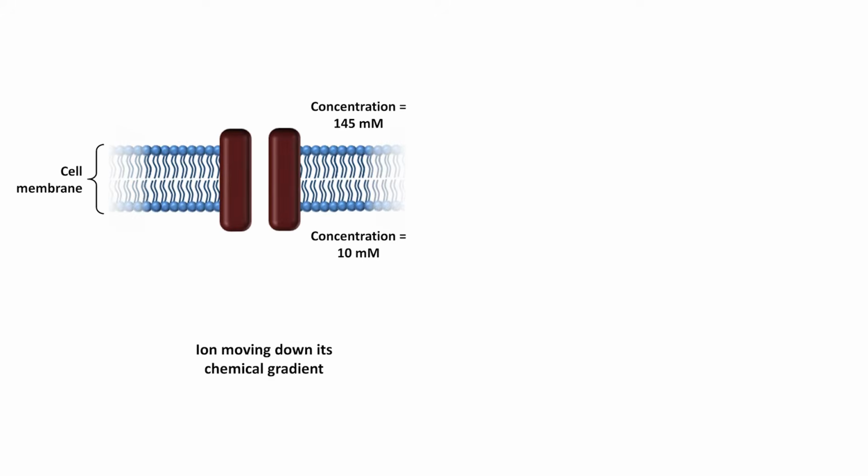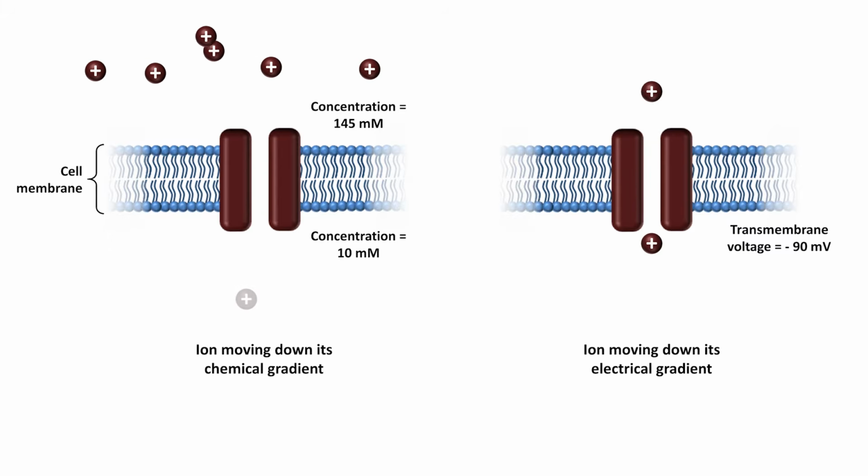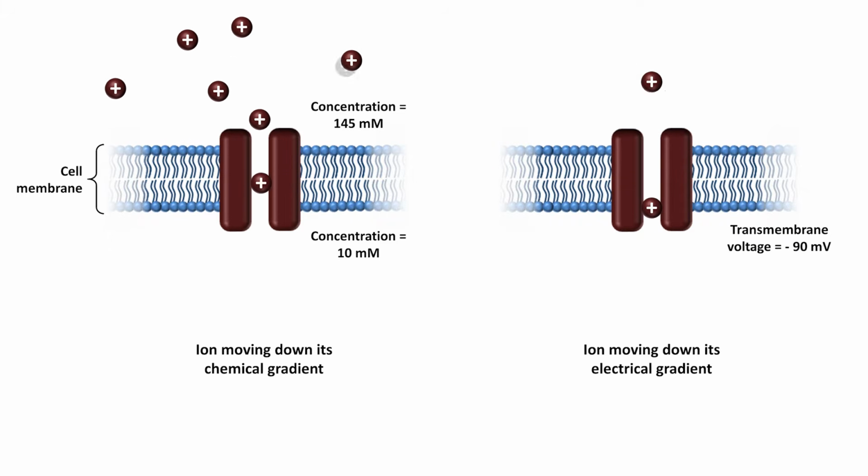Well, for one thing, ions want to move down their chemical gradient, moving from an area of high concentration to low concentration, but they also want to move down their electrical gradient as determined by the ion's charge and the electrical potential difference, or the voltage, across the membrane. Sometimes these two gradients are in the same direction.